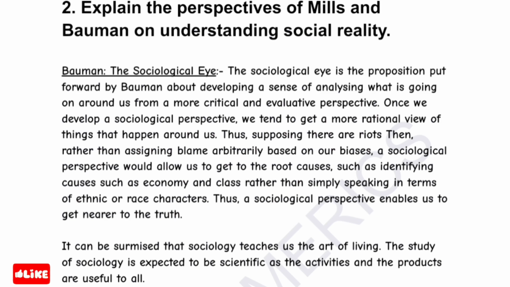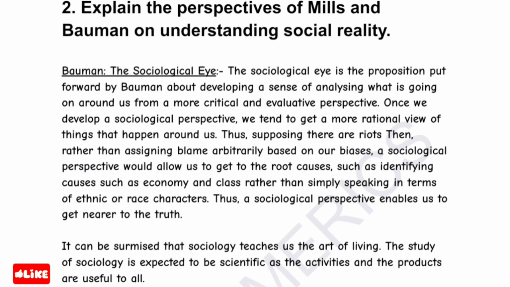Once we develop a sociological perspective, we tend to get a more rational view of things that happen around us. Thus, supposing there are riots, then rather than assigning blame arbitrarily based on our biases, a sociological perspective would allow us to get to the root causes, such as the economy and class, rather than simply speaking in terms of ethnic or racial characteristics.